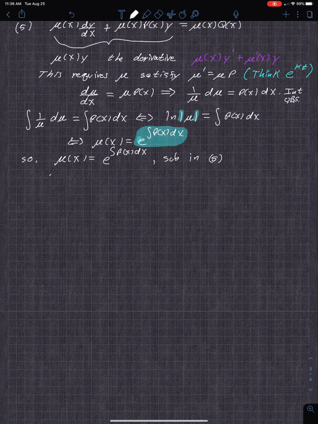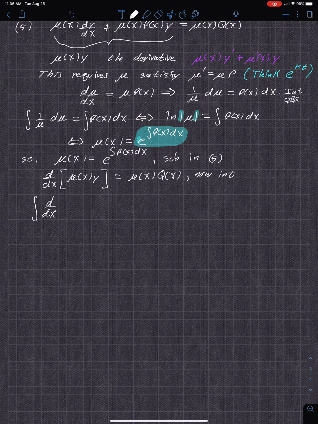Then you get d dx of mu of x y equal to mu of x q of x. Now if you integrate, you get the integral of d dx.